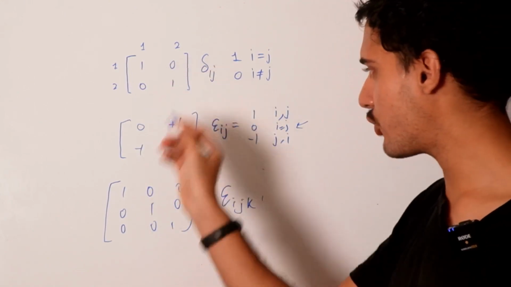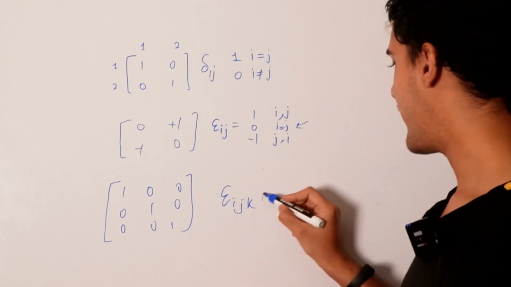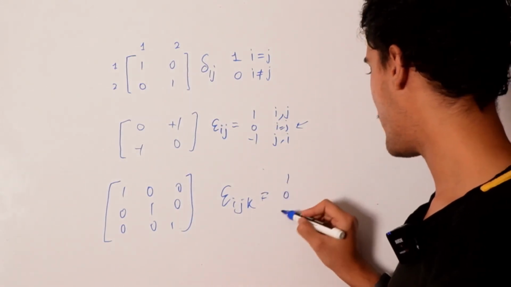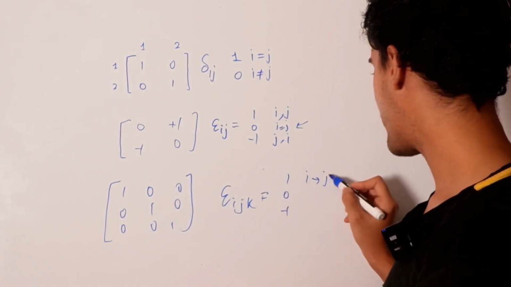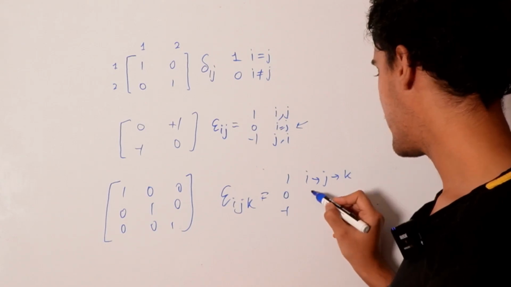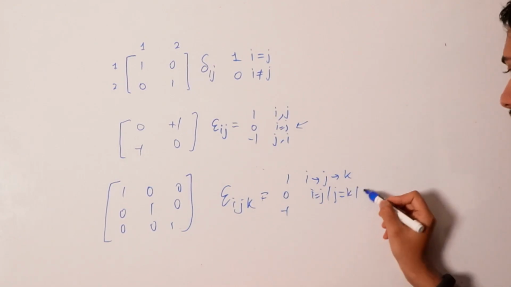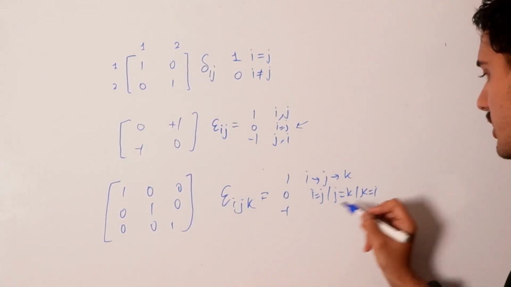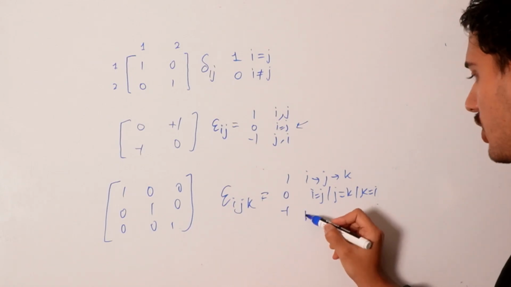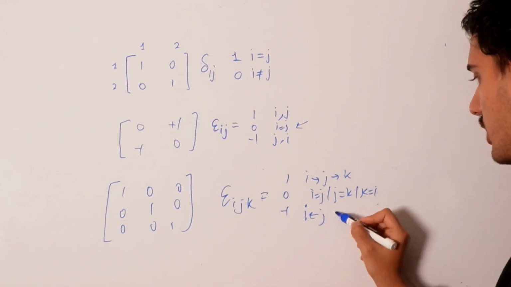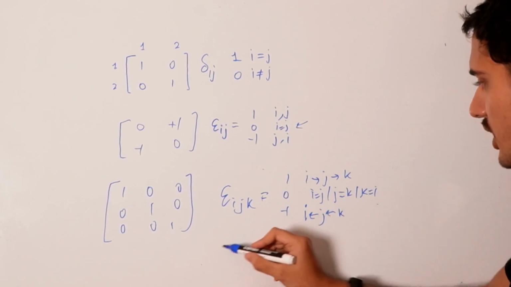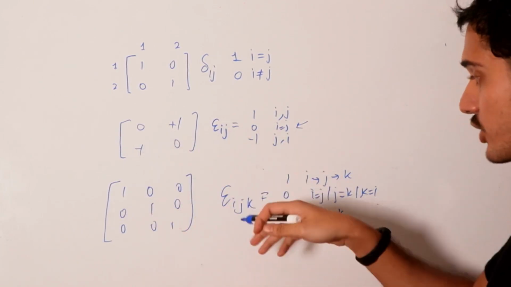Like what we have for this, what is it for this? And the definition is again 1, 0, minus 1: 1 for i j k in a positive order, 0 when i equals j or j equals k or k equals i, and minus 1 when the order is the wrong order.